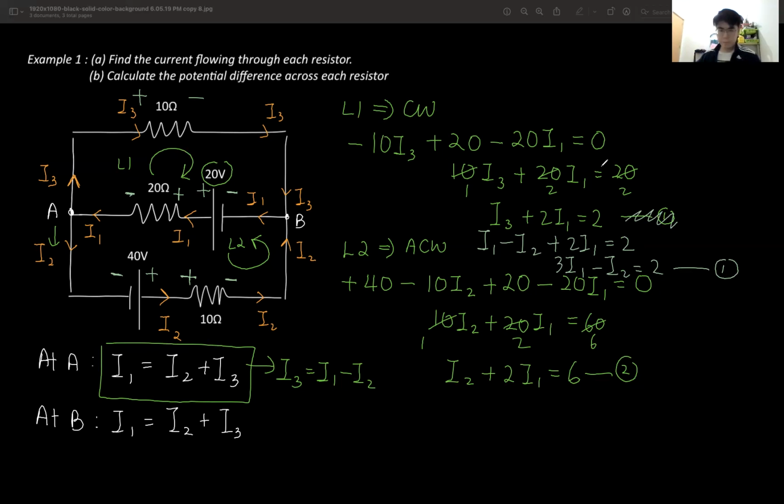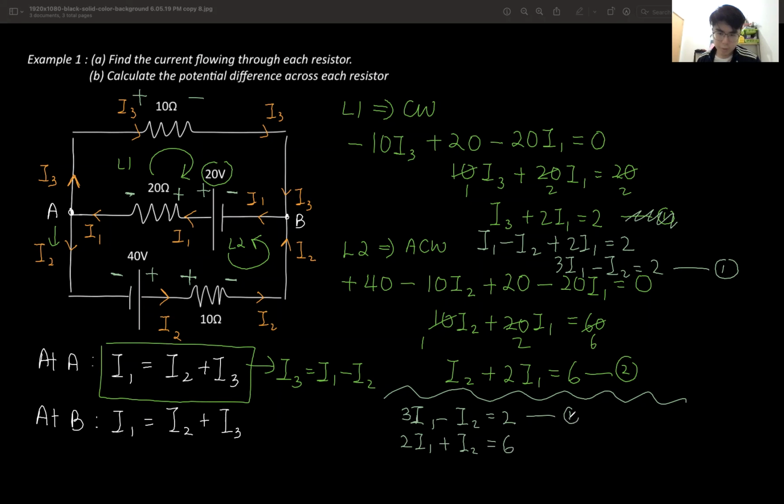Okay. Now write it down here. Let me draw a line. 3 I1 minus I2 equals to 2. Then we have 2 I1 plus I2 equals to 6. This is 1, this is 2.